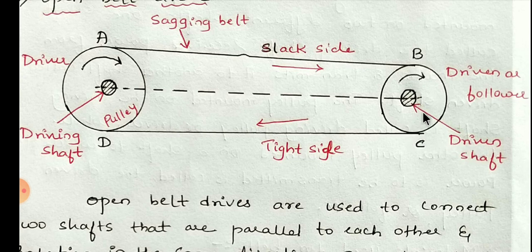The pulley mounted on the driving shaft is called the driving pulley, or driver, while the pulley mounted on the other shaft to which the power is to be transmitted is called the driven pulley, or follower, or driven.